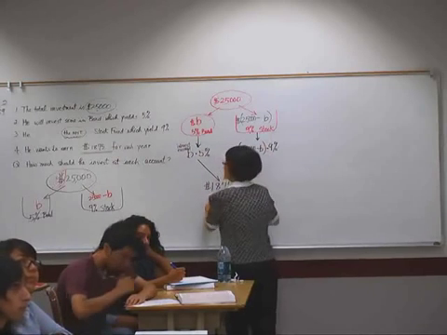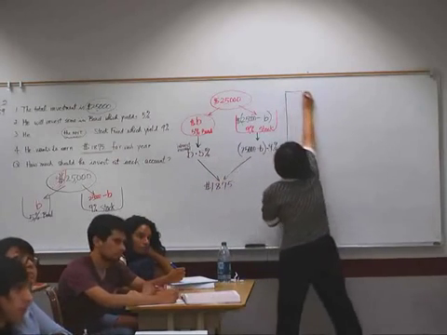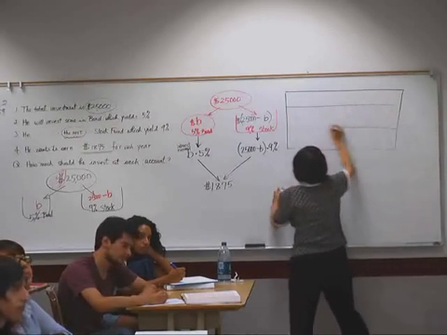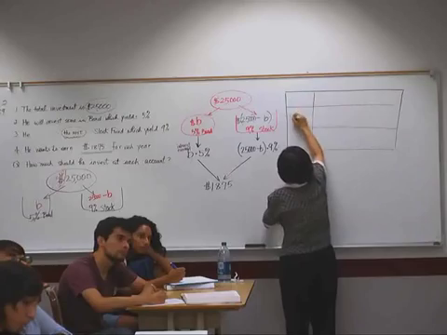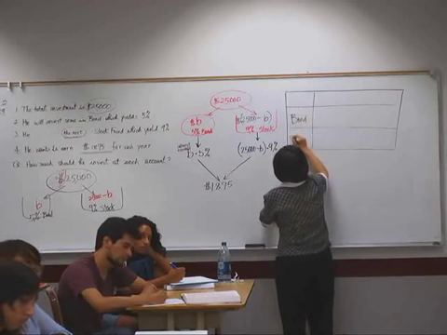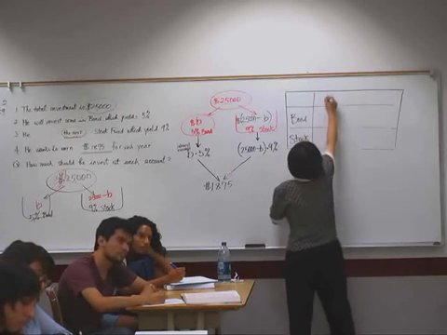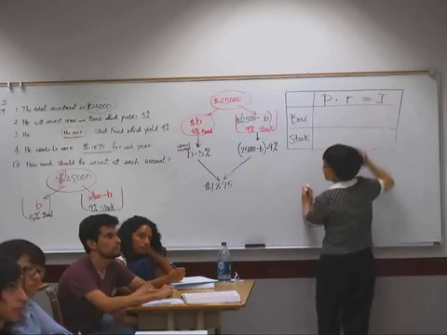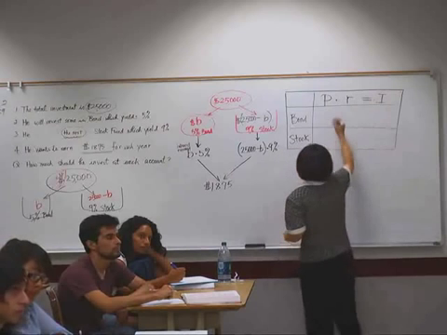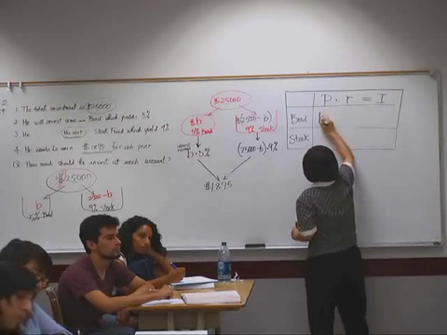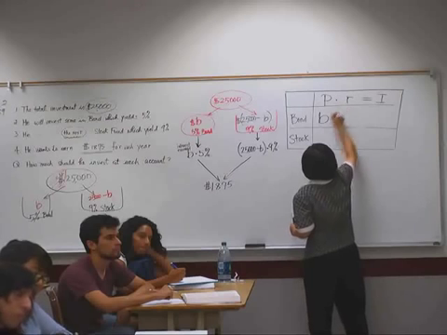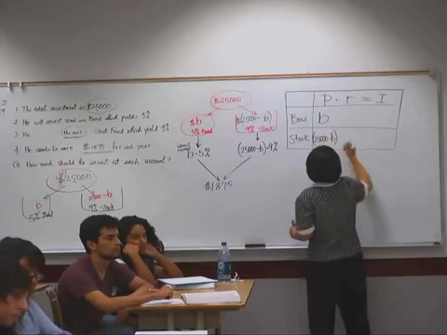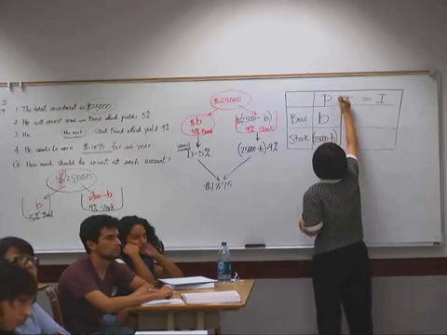Okay? Let me put it in a more organized way. You have the bond fund. You have the stock fund. Principal times the rate gives you the interest. Remember that? If I say I have B dollars for bond, the rest is 25,000 minus B. What is the rate?